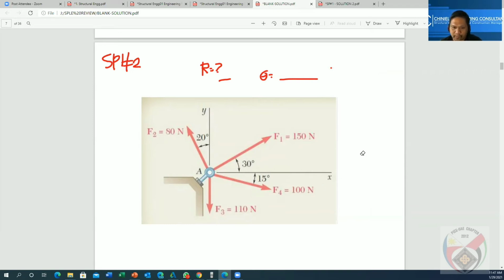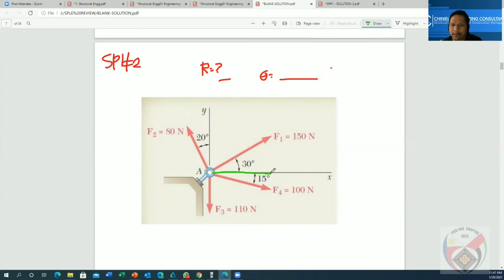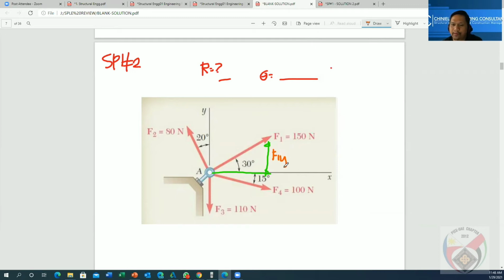Okay. So ang gagawin natin, i-breakdown natin into components itong 4 forces. So F1, meron tayong F1x and F1y. So this is F1y, this is F1x.